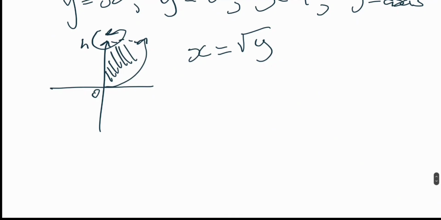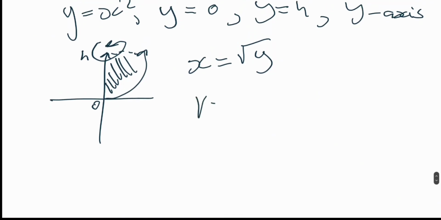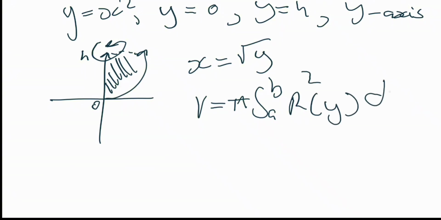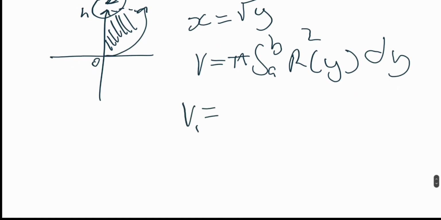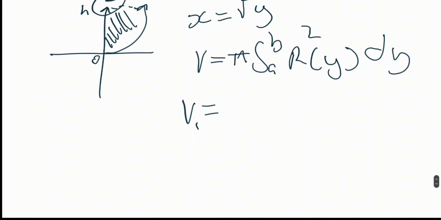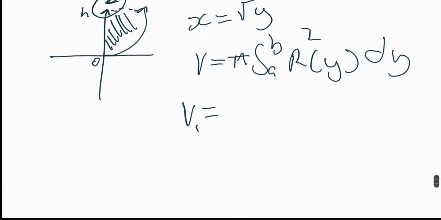Okay, so we are going to use our nifty formula, pi integral from a to b r of y this time, squared dy, okay? So v1 is going to be, you don't have to do v1, guys, it's just that I prefer to do it in this way so that I can have consecutive numbers if I have to do more than one volumes. That's how I like to do it.